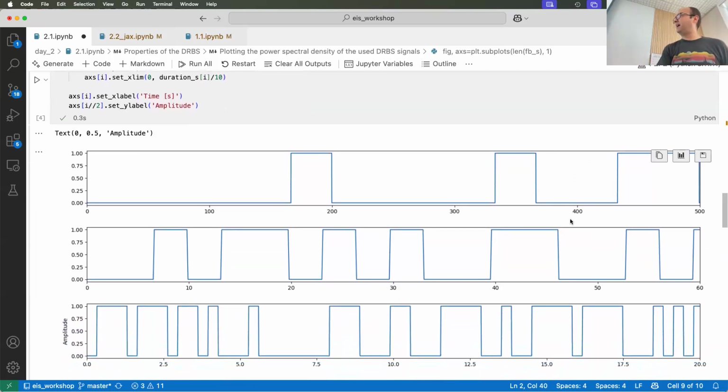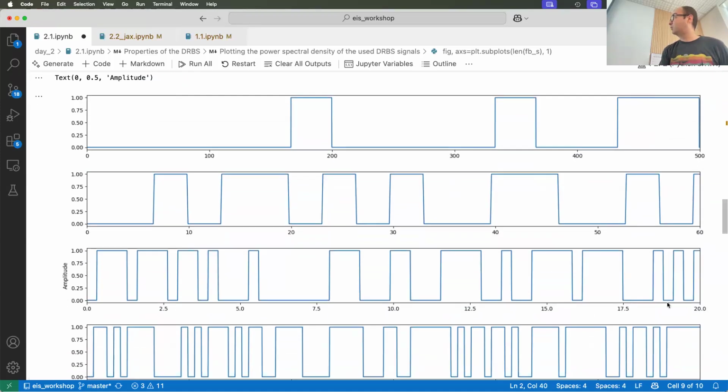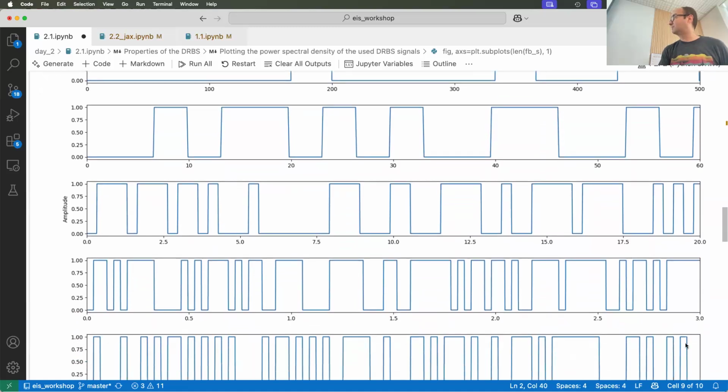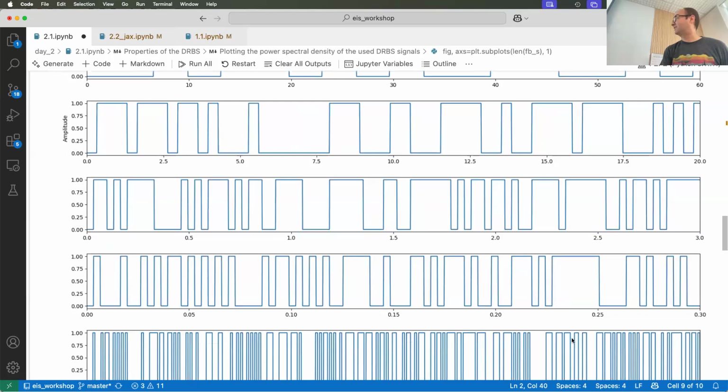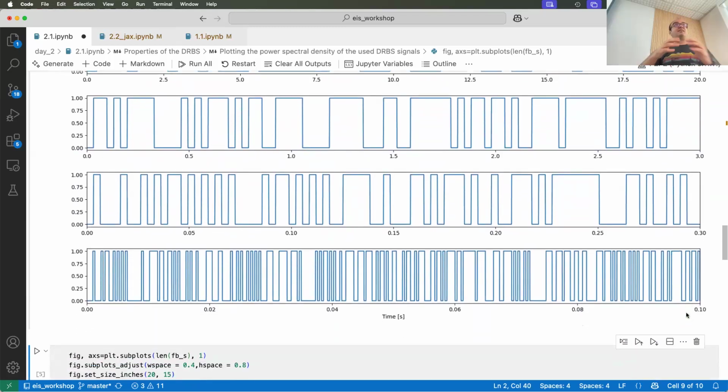As we increase the bandwidth, the number of jumps increases and the duration of the jumps shortens. This is 60 seconds, and it has far more jumps. This is 20 seconds, more jumps, 3 seconds, and then we have 0.3 seconds, and the one that has a bandwidth up to 10 kilohertz, in 0.1 seconds, has this, like beep, beep, beep, beep.